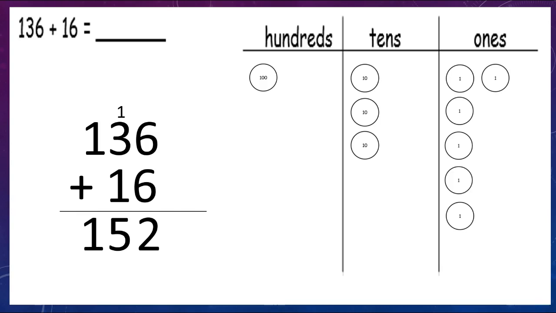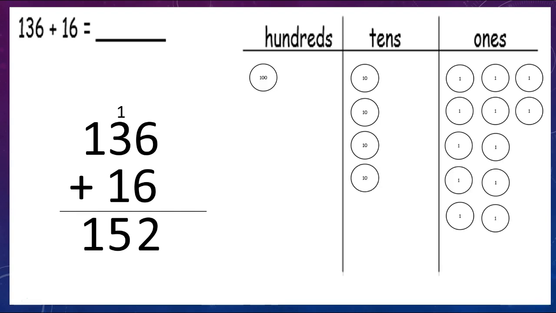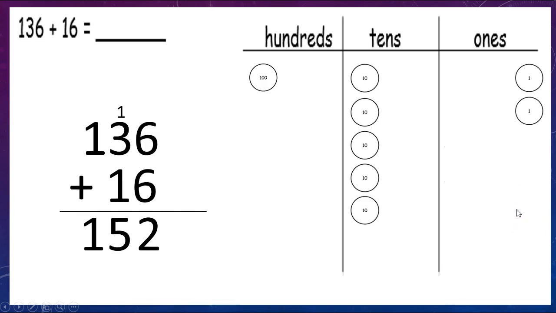How many ones do I need to add? Let's count as I add. And how many more tens do I need to add? Let's add it. Do I have a group of 10 ones that I can transfer over to the tens? I sure do. Let's do that now. And our answer is 152.